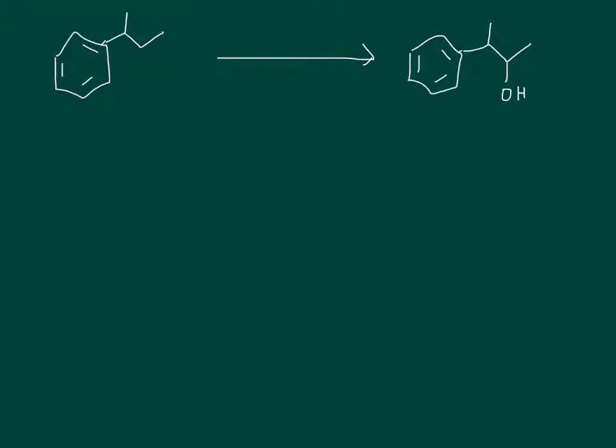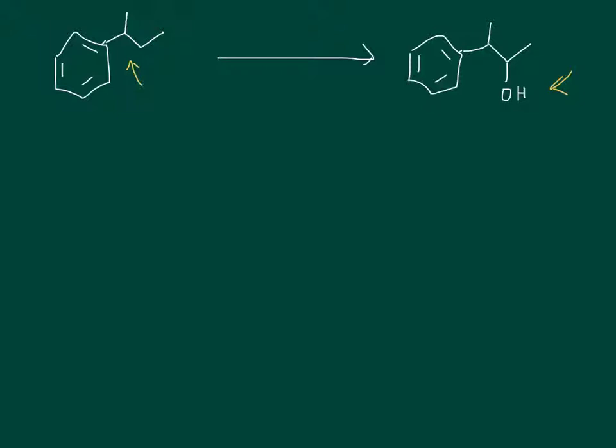In order to add this alcohol group, we need to probably add something to this carbon chain to start moving around. So we'll want to move around functional groups. That should lead you to think, okay, what are some reactions I can use to add a functional group to a carbon without a substituent?